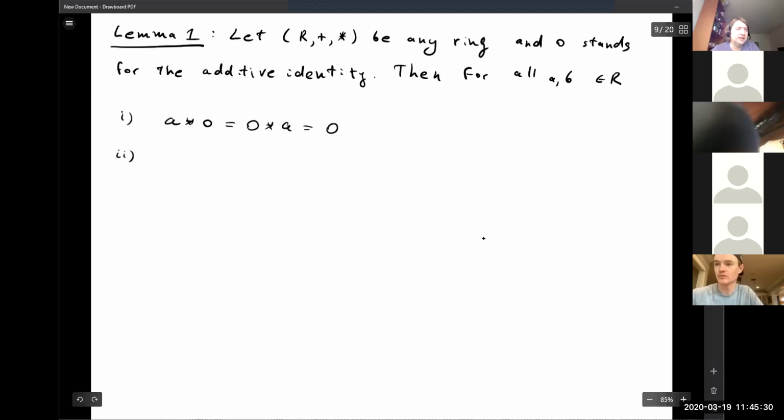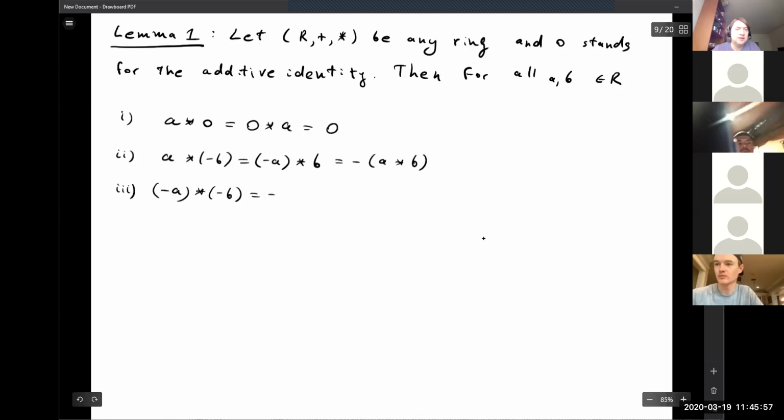Second of all, we will get that A star minus B is the same as minus A star B. And finally, we will get that minus A star minus B is the same as A star B. Note that in the lemma 1, we have never required this ring to be commutative. It can be any ring.